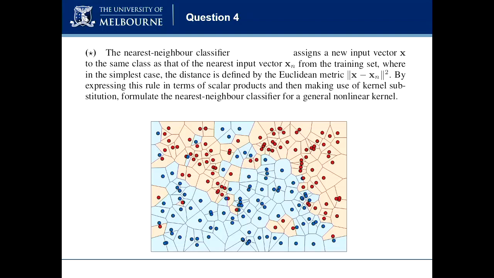If we call phi of x the transformation of data point x to the feature space, then the dot product in the data space, x_n x_m for example, becomes phi of x_n dot phi of x_m in the feature space, and that is given by the kernel function.